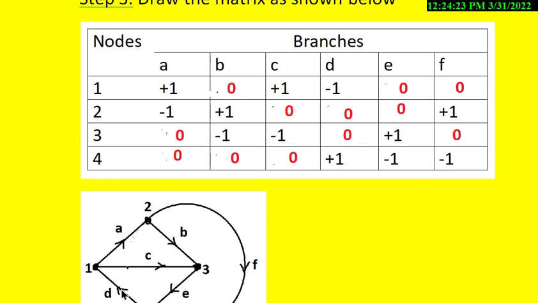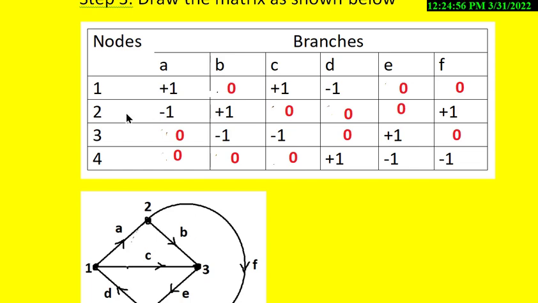Then the connected elements are A, D, C. A is going away from node 1, so put plus 1. Similarly, for C, the current flowing in branch 3 is away from node 1, so put here plus 1. Whereas in branch D, the current flows towards node 1, so put it negative here. And this completes the node 1 row of the incidence matrix.